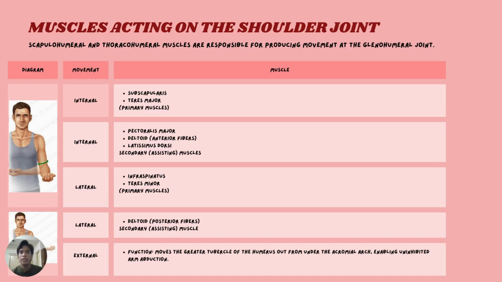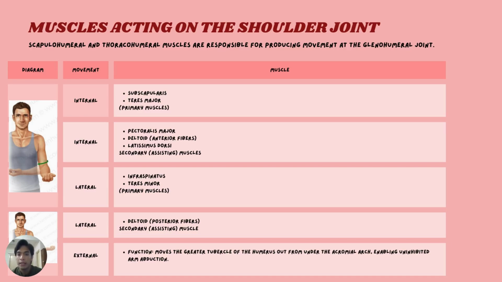The internal rotation is primarily performed by the subscapularis and teres major muscles. Pectoralis major, deltoid, also known as the anterior fibers, and latissimus dorsi are also capable of producing this movement.